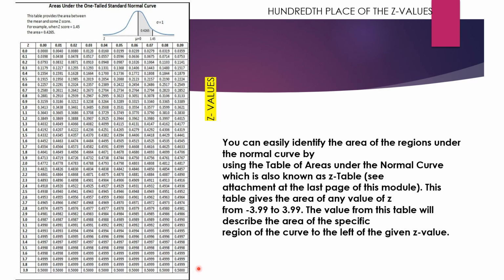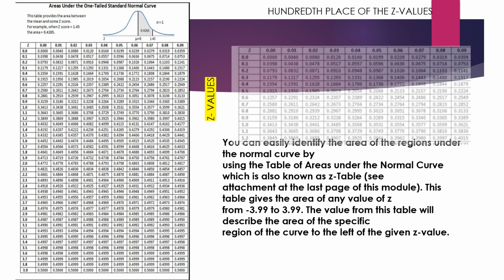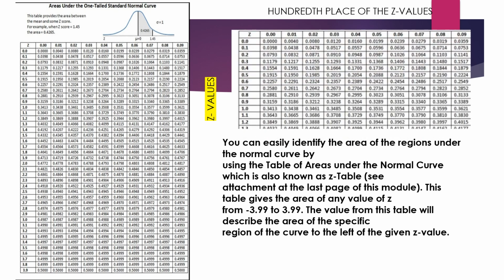The value from this table will describe the area of the specific region of the curve to the left of the given z-value. So in this z-table, the numbers on the left side are what we call the z-values, while the numbers at the upper part of the z-table are what we call the hundredths place of the z-values.